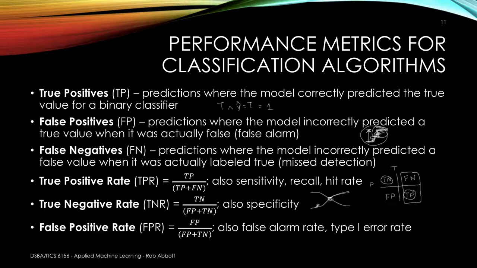If I want to increase the specificity of my model, I end up having to decrease the number of false positives. But above some point, which is this intersection right here, the only way I can decrease the number of false positives is to predict more false negatives.